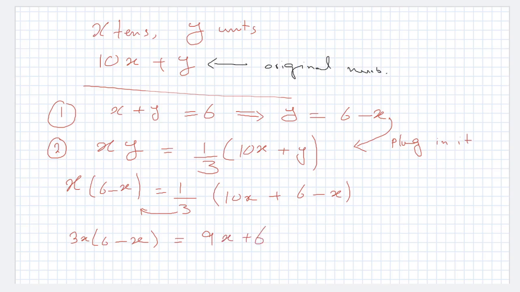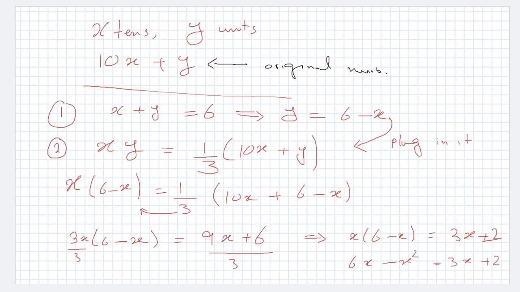In fact, we can just divide by 3 everywhere. So this is going to be x times 6 minus x, equal to 3x plus 2, and let me multiply it inside. So it's 6x minus x squared is equal to 3x plus 2.